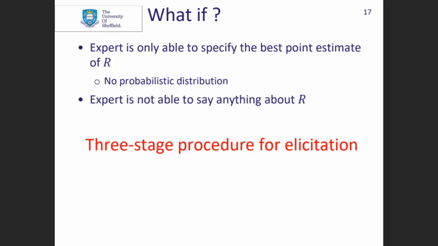However, experts may only be able to tell us their best point estimate of R, or after all the efforts we put in, experts may not be able to tell us their opinion or thoughts in numbers. Although this is the situation we'd like to avoid, as if experts do not believe the results they see using a random effects model with a vague prior, like the upper bound being nearly 85 or over 2000 in the predictive distribution, then they must believe something else which is more reasonable and plausible, and that's the number we're trying to get.